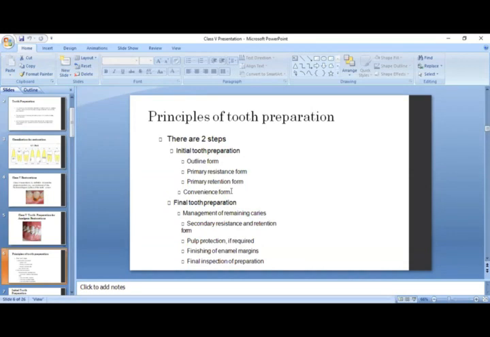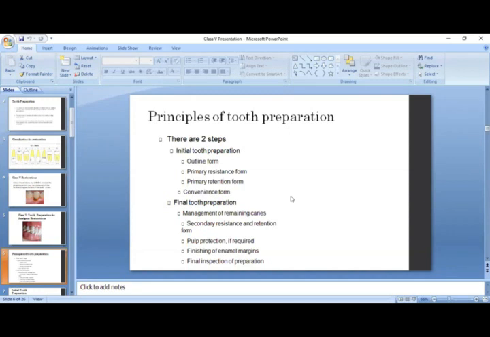If the practitioner fails to produce a convenience form of the cavity, it is not easily possible to place the restorative material evenly in the cavity. If you design a proper convenience form, the restorative material is properly placed in the cavity. That basically causes the success of the restoration, the success of the filling material.